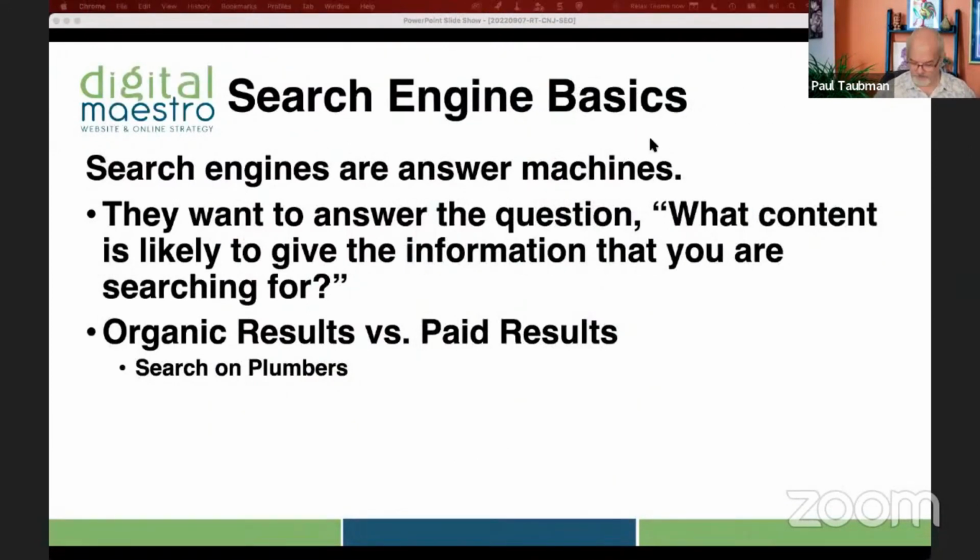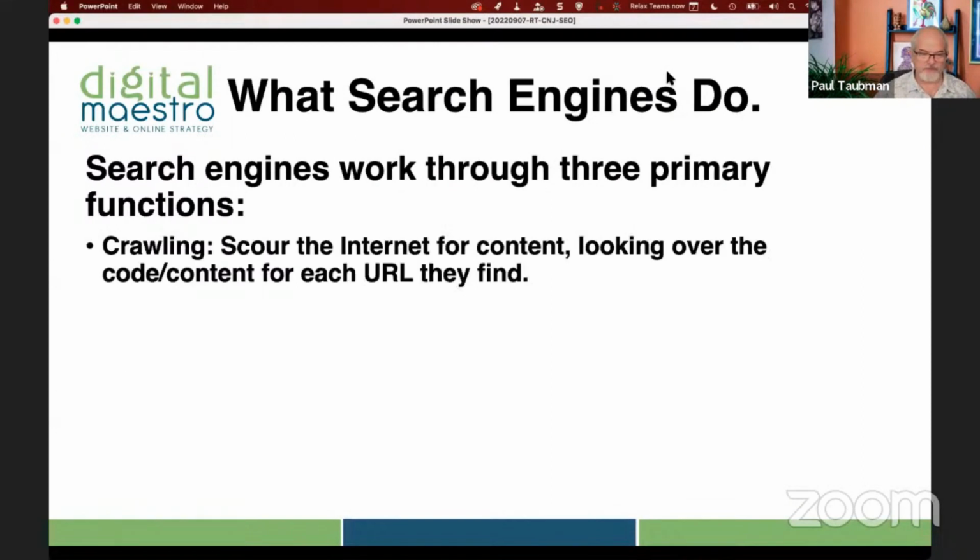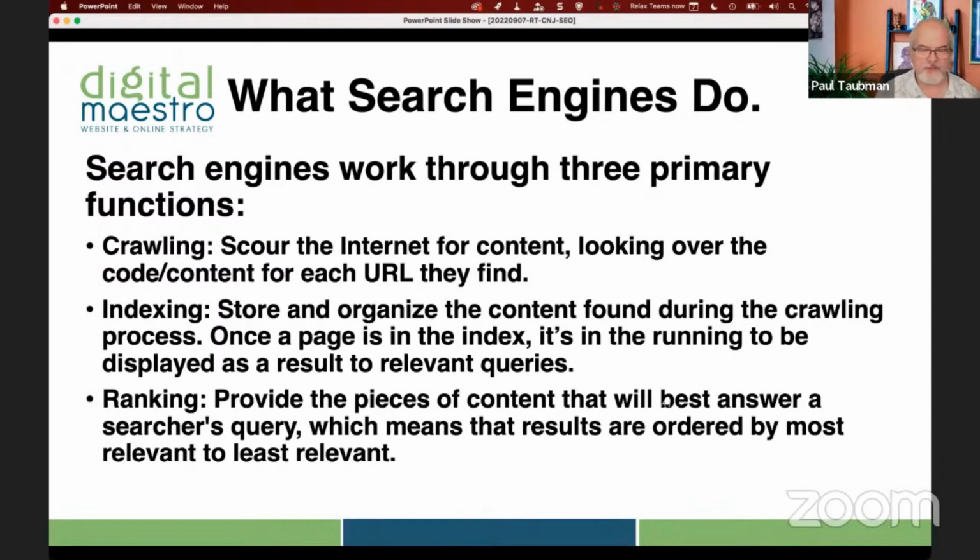And then you just want to flip through real quick. I'm going to pass a few things. Here we go. This is what I want to get to, is what search engines do, because a lot of times people always ask. There's really just 3 things that search engines do. They crawl, they index, and they rank. And a lot of times people say, I can't get found in the search engines. Well, the first thing is Google, Bing, Yahoo, any of these search engines, DuckDuckGo, they go out and they crawl the internet.